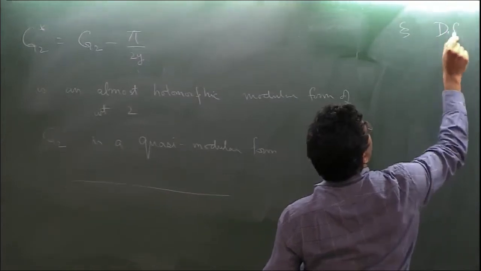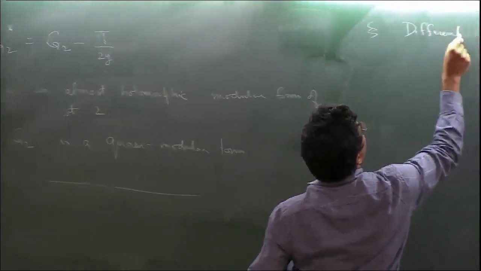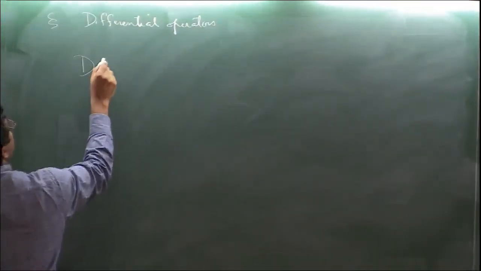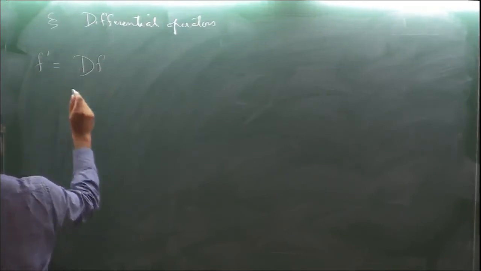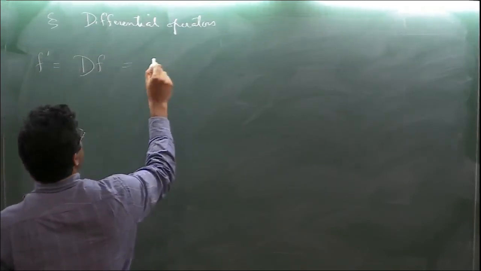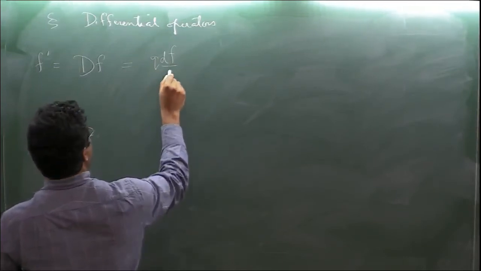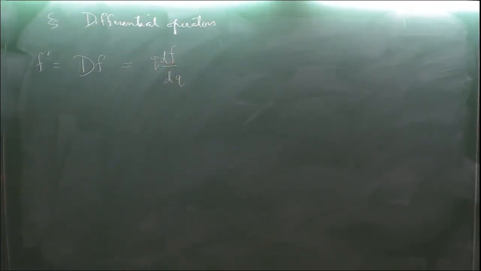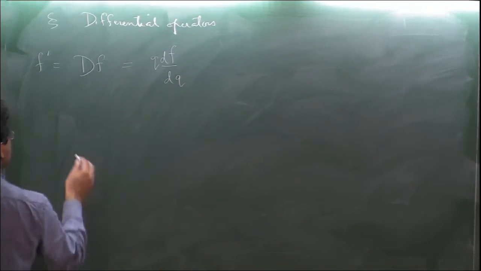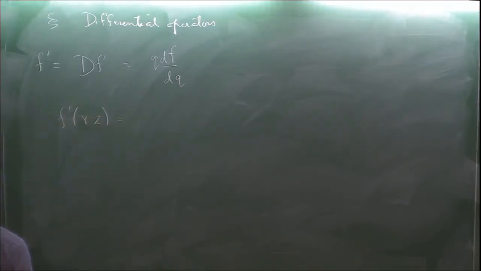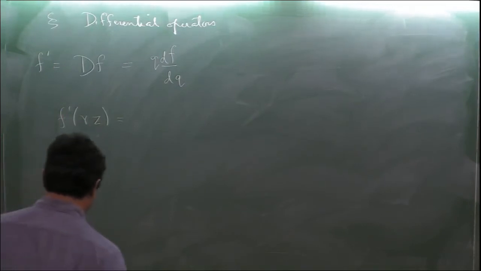Okay, so here are some differential operators. Df, which I sometimes also denote like this, is just q df by dq. If I apply this to a Fourier expansion, f prime of gamma z, they also lose their modular property.